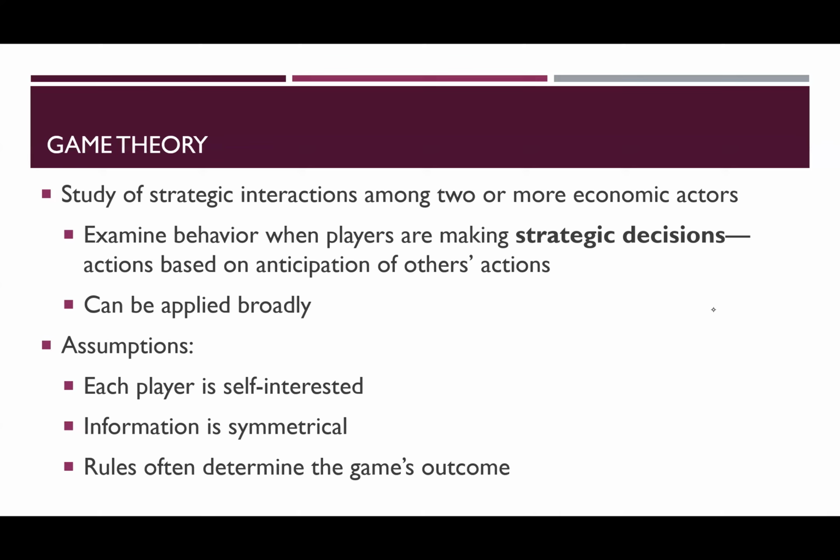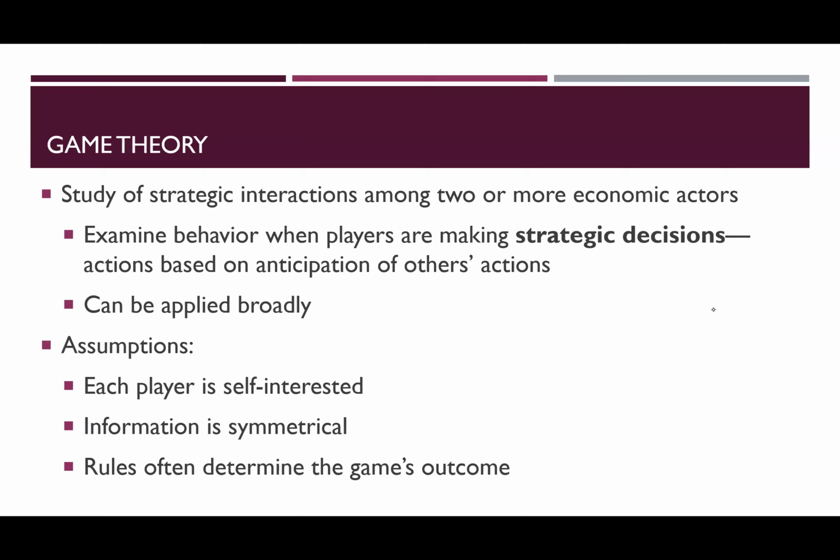Second, information is symmetrical. With this, that means that everyone playing the game has the same exact information. And usually that means that they have complete information. So when we get into the games, that'll mean that they know their payoffs and they know their opponent's payoffs as well. So they'll be able to reliably predict or anticipate, in most cases, what their opponent is going to do.